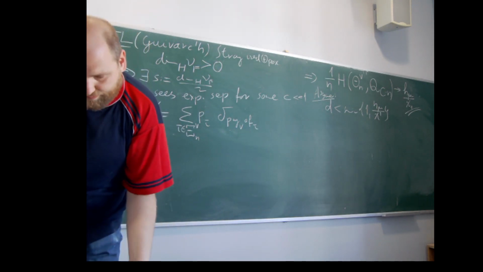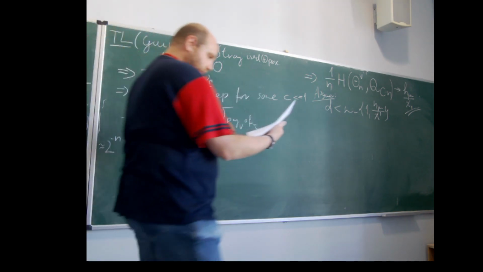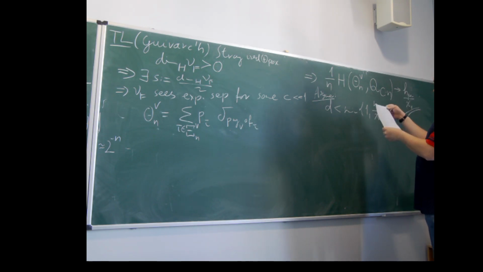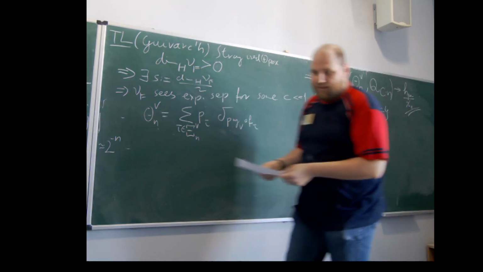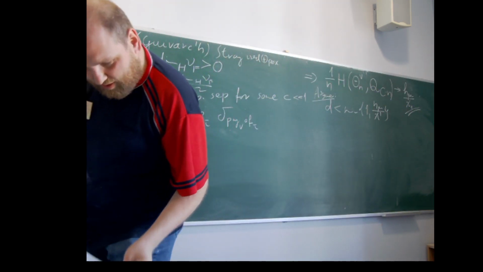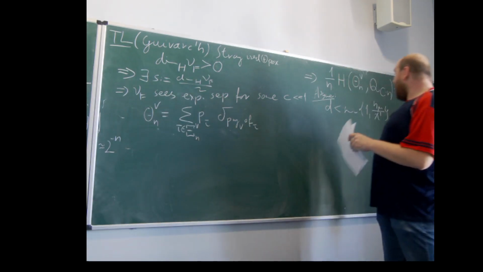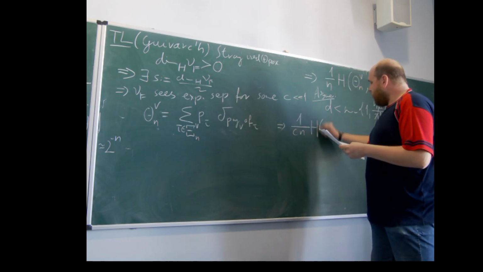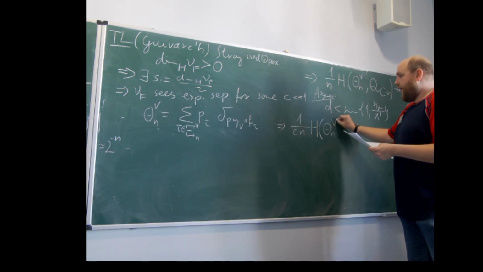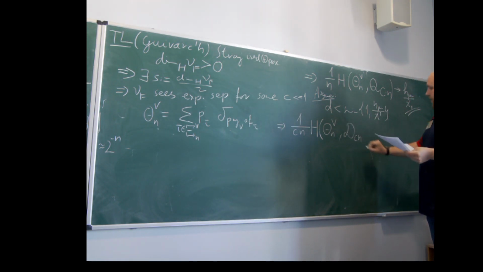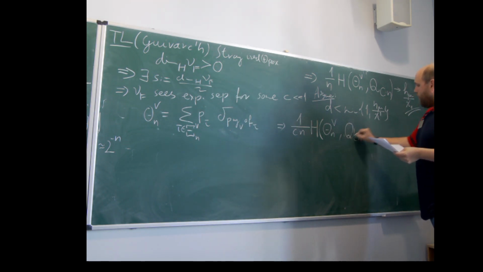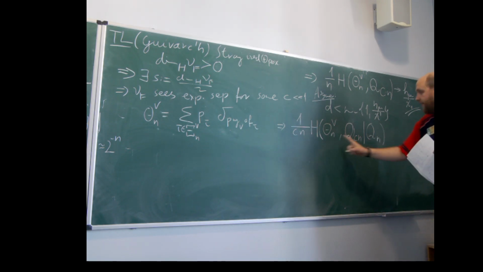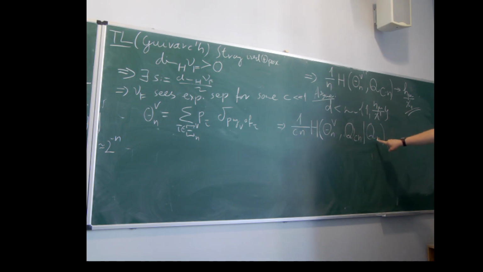I can say, what can I say? I want to see what I can say. Yes, I can say that this entropy of theta_nV, this conditional entropy, sorry, this is Q_Cn conditioned on Q_n, which is basically nothing else because this guy is a refinement of that guy.